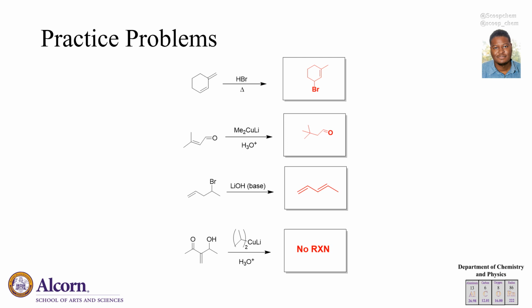So the OH bond will quench the cuprate. Instead of getting the Michael addition, I get just a deprotonation, and then the second step, which is adding the hydronium cation, will protonate back the alcohol to generate the starting material. So I get no new products, so this is just no reaction.